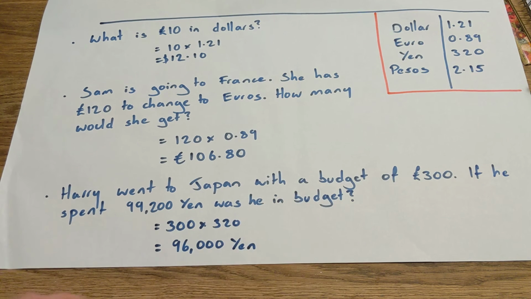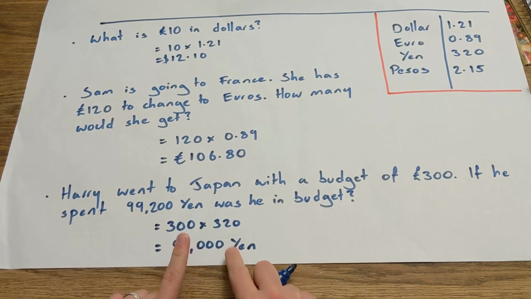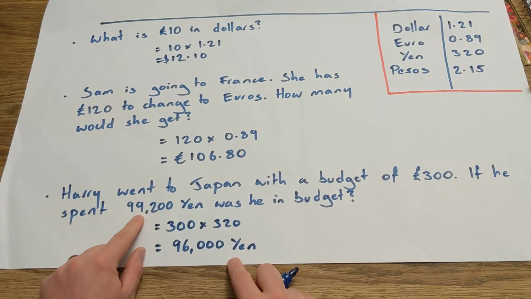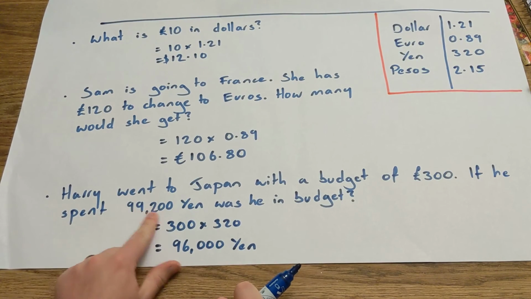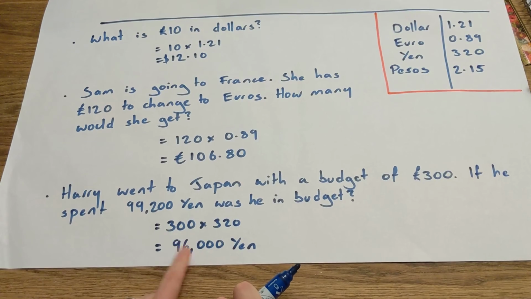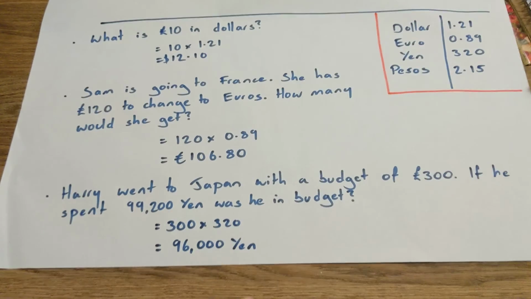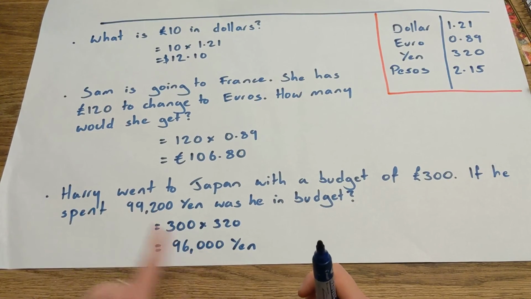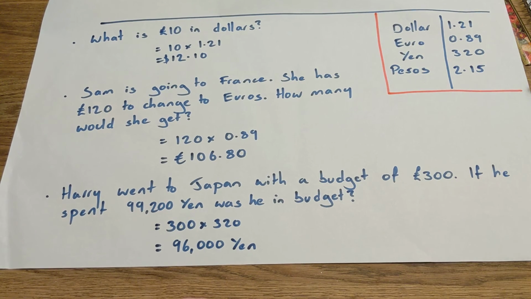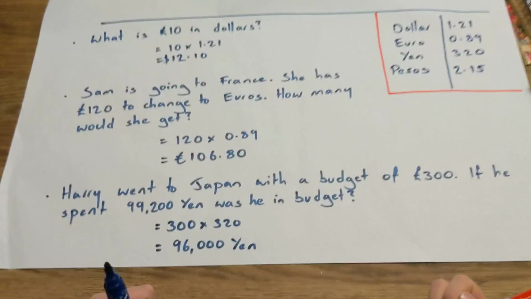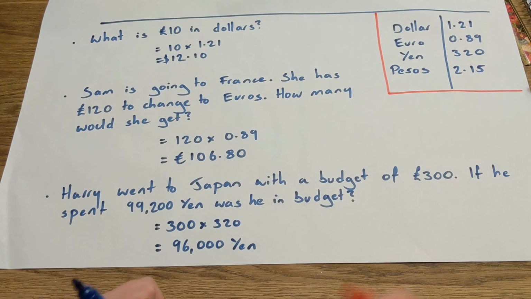Okay, so his budget was 96,000 yen, but he spent 99,200 yen. Was he in budget? Well, no, he wasn't, because 99,200 is bigger than 96,000. So using the exchange rate, we were able to work out whether he was on budget or not by how much he spent. Okay, but they can be quite picky in maths. So we need to specifically say our answer and make it very clear.